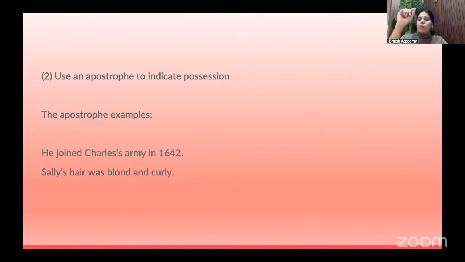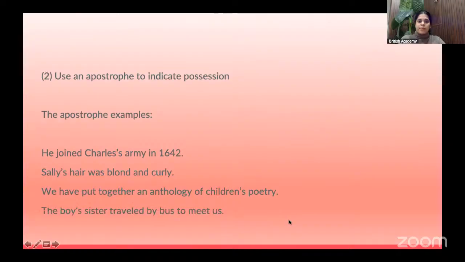Please make sure you're putting an apostrophe, and then adding the s. So here the apostrophe makes sense because it is indicating possession. We have put together an anthology of children's poetry. Or, the boy's sister traveled by bus to meet us.